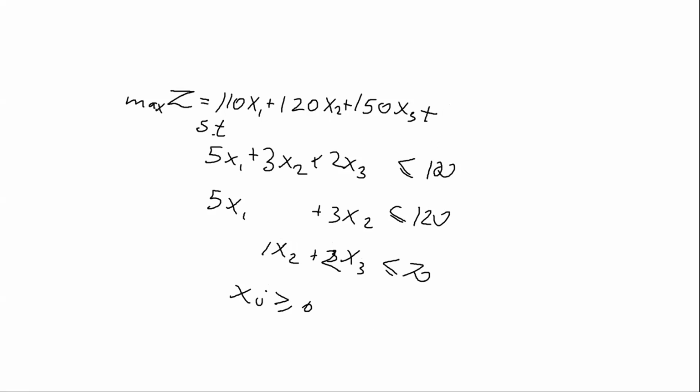So he has a new product, 150 x4, and he calculates its consumption rate: x4 plus 4x2, sorry, and then 2x2. So this is 4, this is 2.